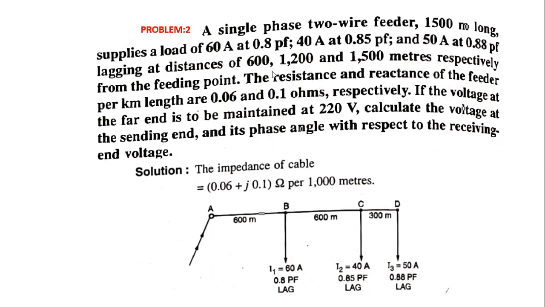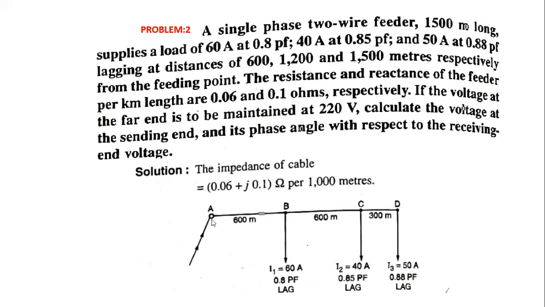At distances of 600, 1200 and 1500 meters respectively. These are the distances across the A to B section, B to C section, and C to D section.